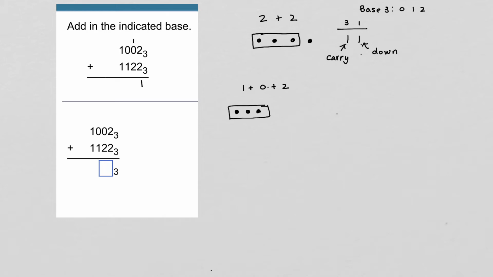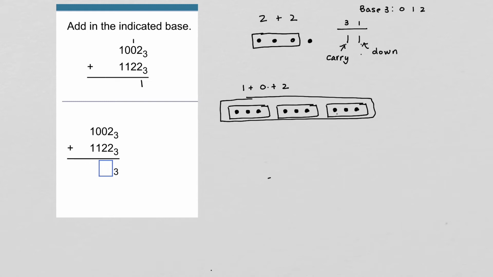And then we have 2 more groups of 3. Try not to make them overlap there. Okay, so now I have 3 groups of 3, which moves over another place value.